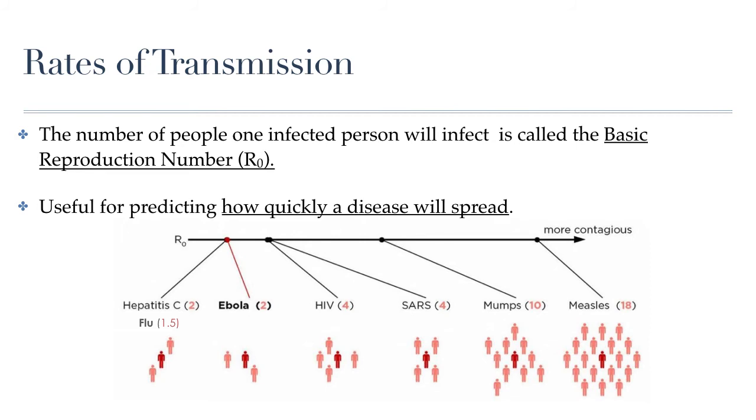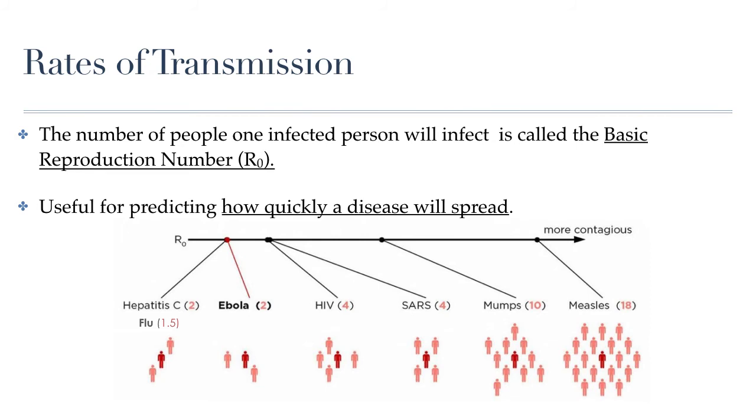So the R naught number is usually given the capital letter R with a lower subscript 0 next to it, and it is basically a number that tells an average number of people that one infected person can transmit the disease to. So if you have one infected person, how many people will they likely on average infect in order to then predict how quickly a disease can spread through a population?